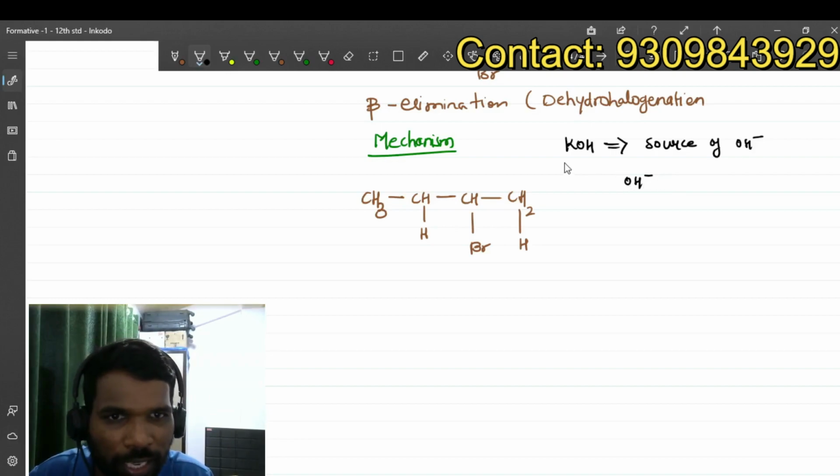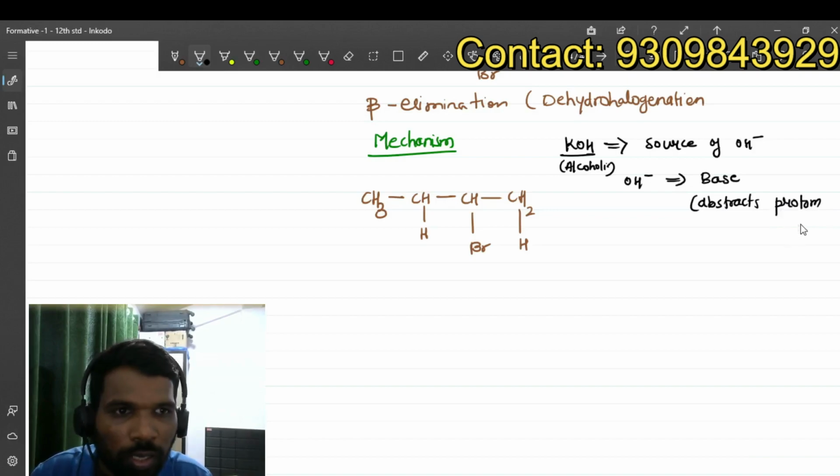But in this case, since it is alcoholic, this is a base. Base means what? Base abstracts proton. Proton means a H plus.